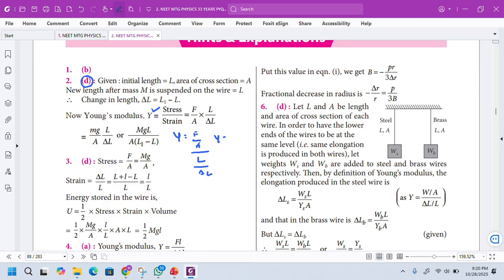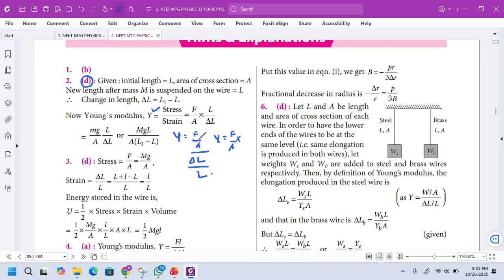Then I will write it in simplified form. Sorry, just a correction. Strain is the ratio of change in length to the original length, delta L by L. So Young's modulus is stress by strain.